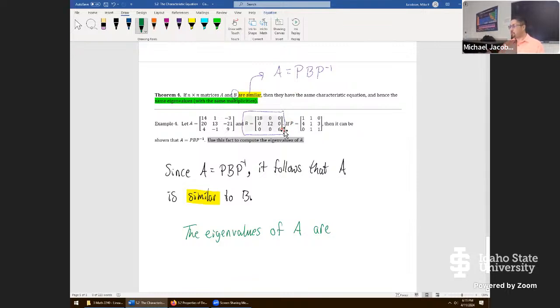This is upper triangular, lower triangular, all at once. We just call it a diagonal matrix. That means the eigenvalues were just staring at us this whole time. There, and there. But because A is equal to P, B, P inverse, the eigenvalues of A are the eigenvalues of B. So that's the one concept that we do have for eigenvalues. We can say lambda 1 is 18, lambda 2 is 12, and lambda 3 is 6.